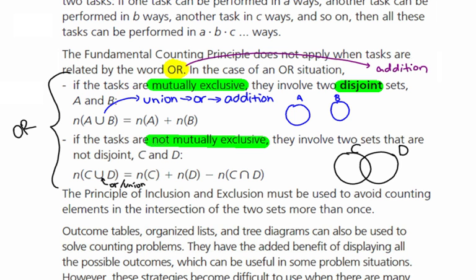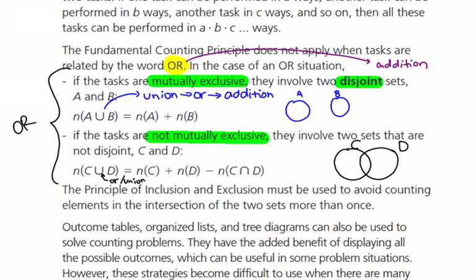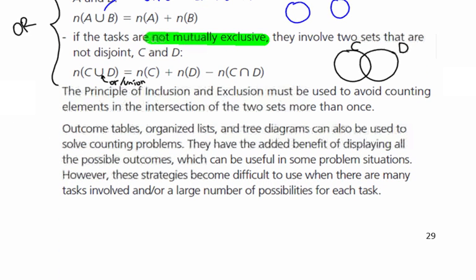C and D, right? Remember this middle part is C and D. The principle of inclusion and exclusion must be used to avoid counting elements in the intersection of the 2 sets more than once. So we have to use this principle to make sure we don't count something twice.